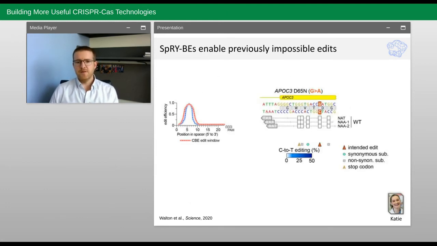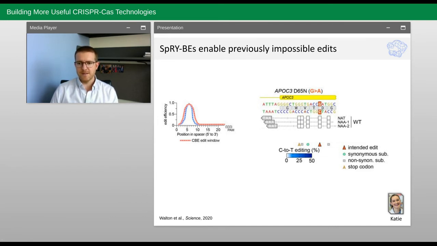Okay, so to give you a real-world example of why this is useful, here is an example using wild-type SpCas9 as a base editor, where we tried to make a protective genetic variant where this edit could protect an individual against cardiovascular disease.